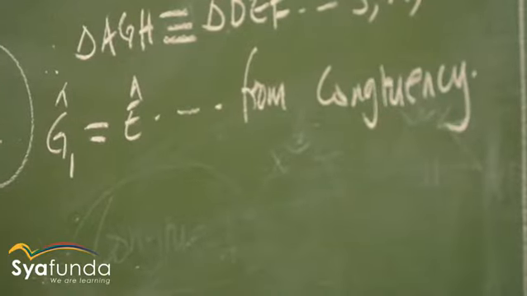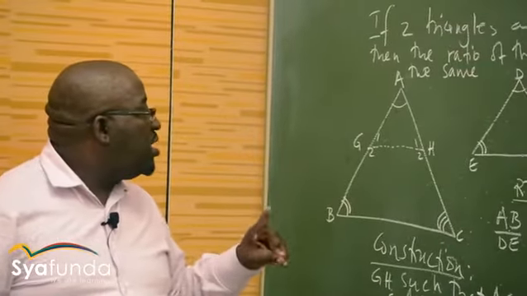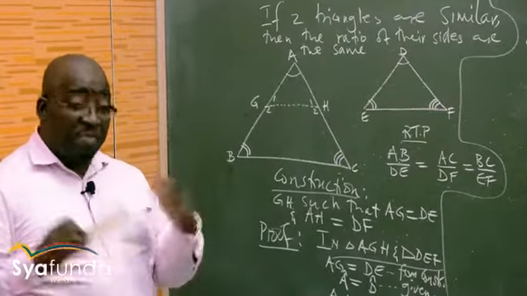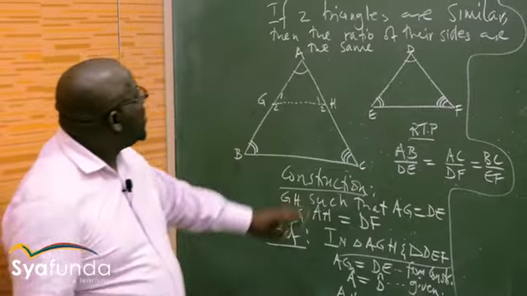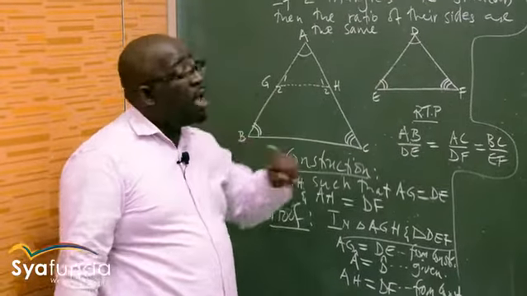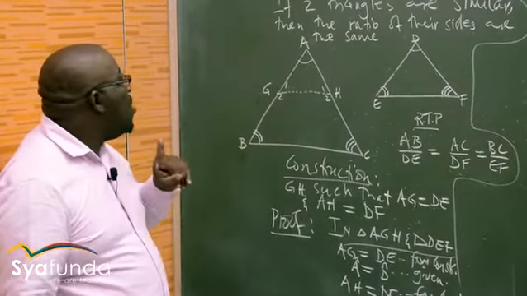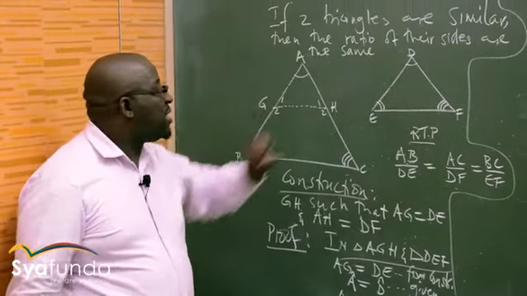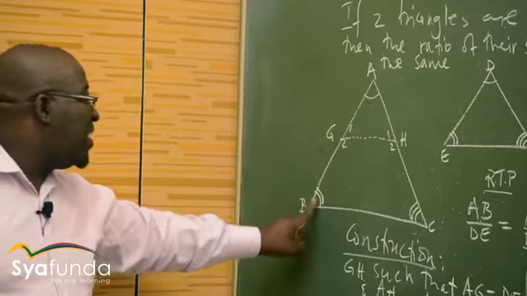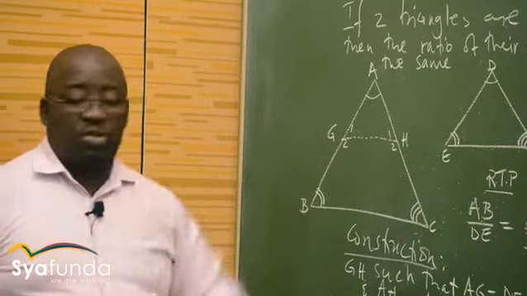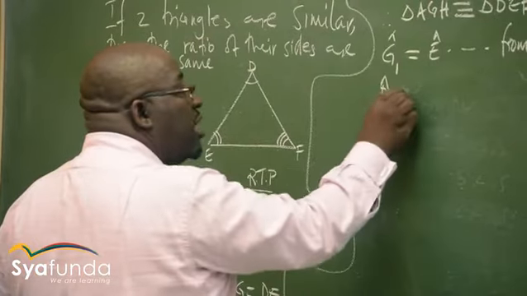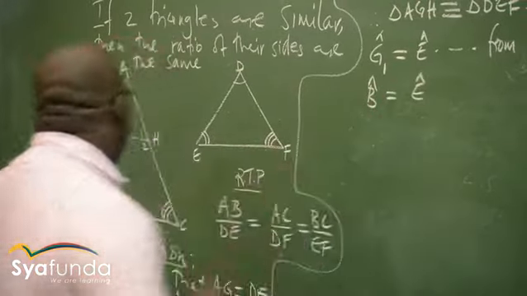Your reasons are important. We've just proved that angle G1 is equal to angle E. From the bigger picture, in other words from the original triangles, we also know that angle B, do you see angle B here, is equal to angle E also. Where did you get that from?